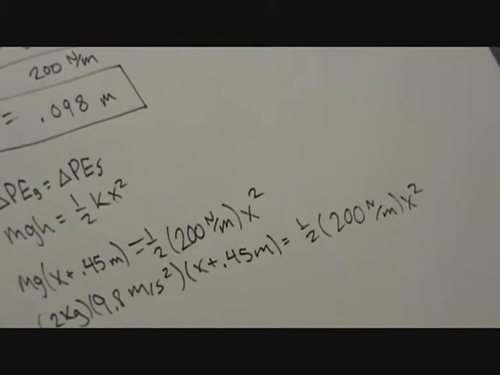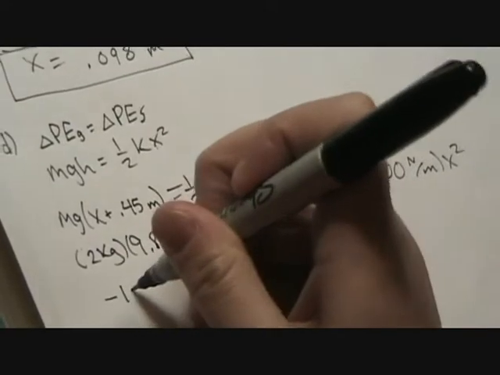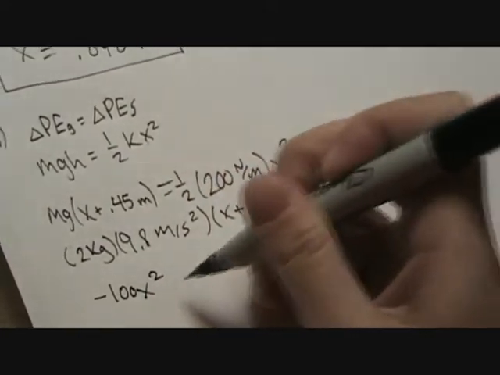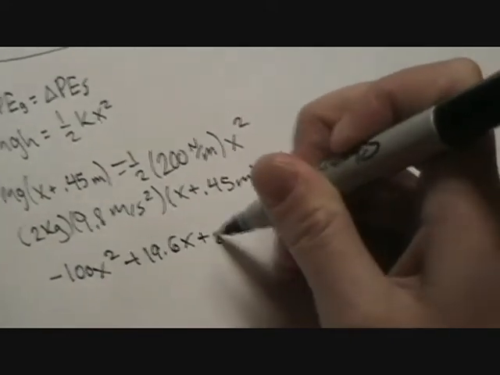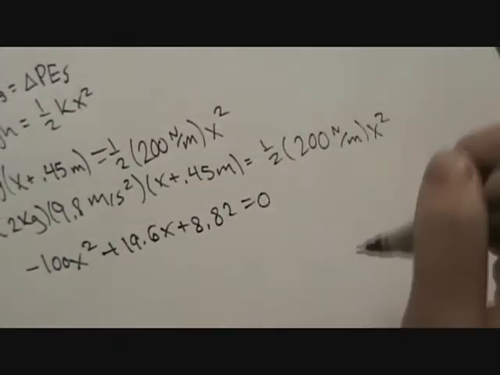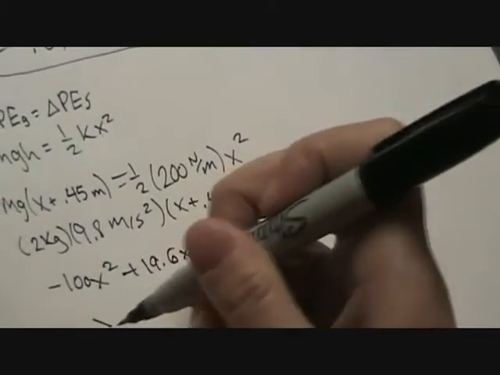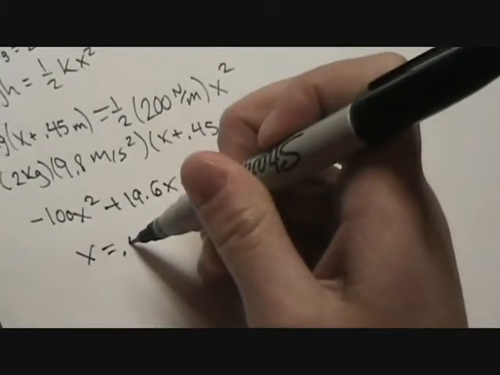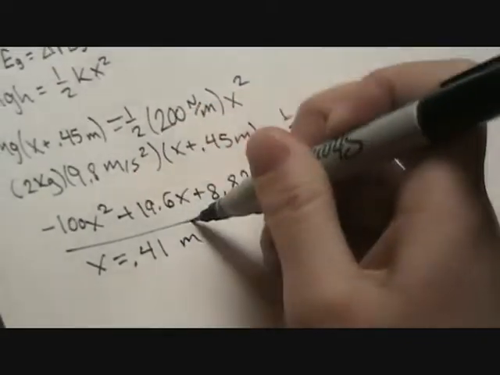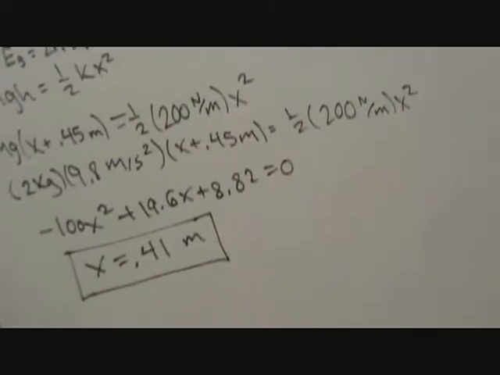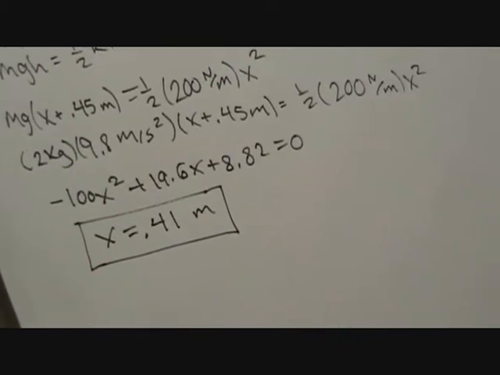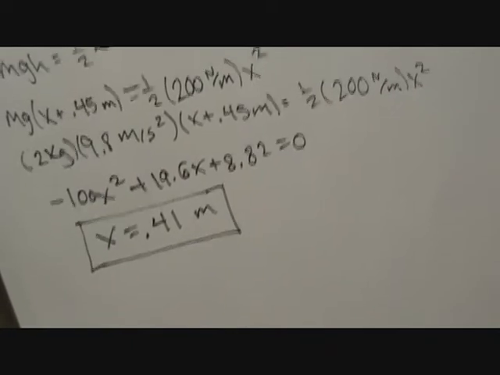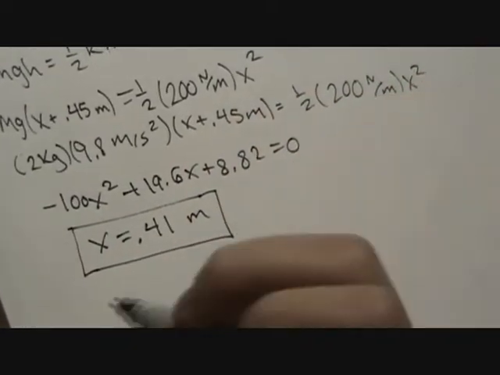So I'm going to rearrange it to make it like a quadratic equation. So it turns out to be negative 100 x squared plus 19.6 x plus 8.82 equals 0. And if you solve for x, you get 0.41 meters is the maximum compression, and you can get that either by using the quadratic formula or using your calculator. I used my calculator because it's not 1989 anymore. So yeah, that's the maximum compression.